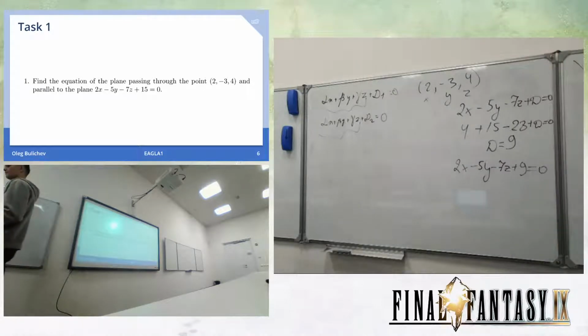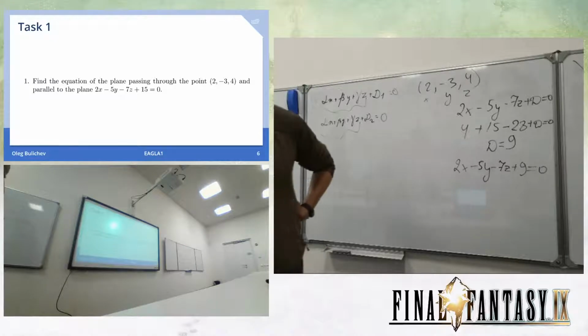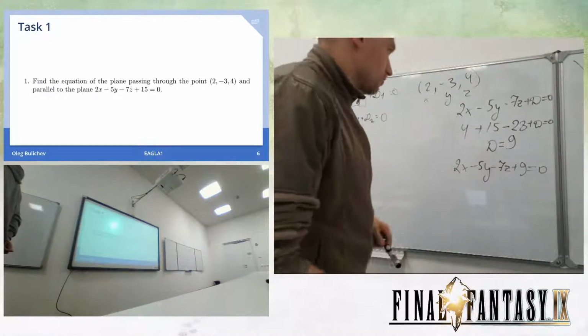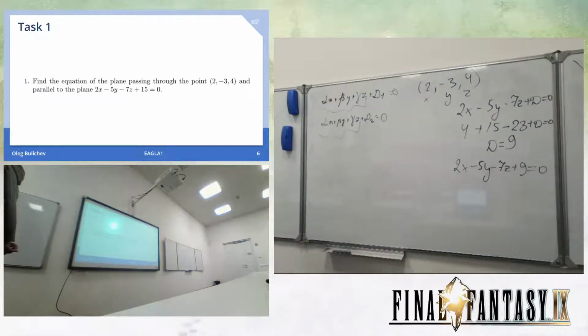Okay, so there are several questions. Why did you decide to put this point there? So you decided, okay, we have some point, and I put its coordinates in the plane. Why? Because we know that the plane includes this point, and if we substitute it, we should get 0, because it's a general form.